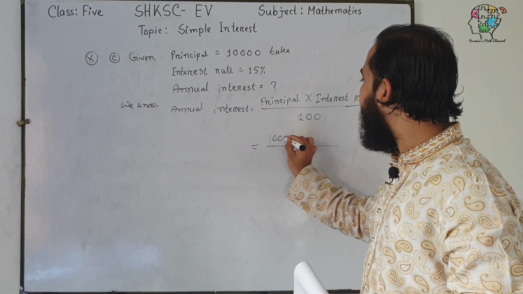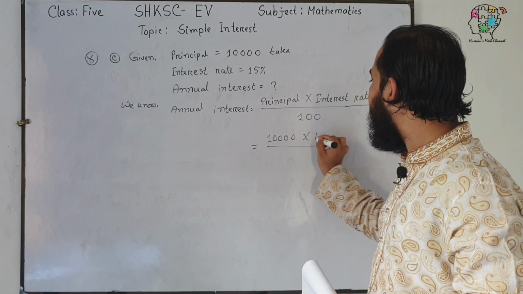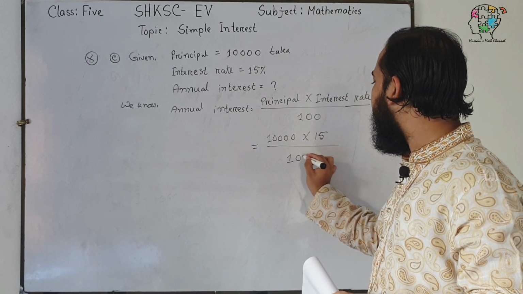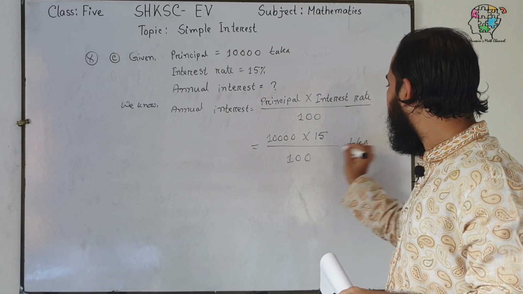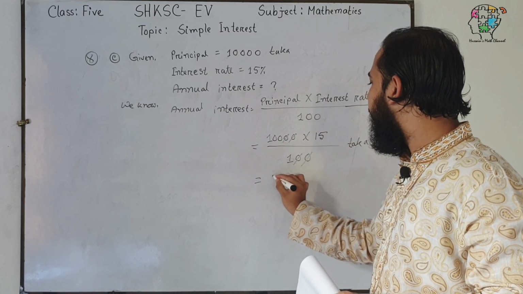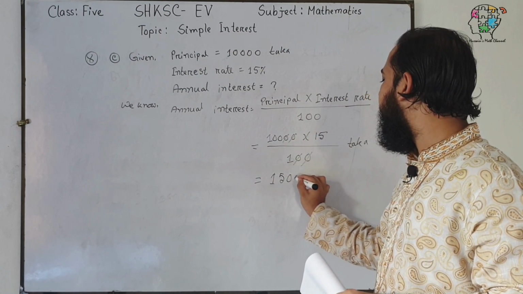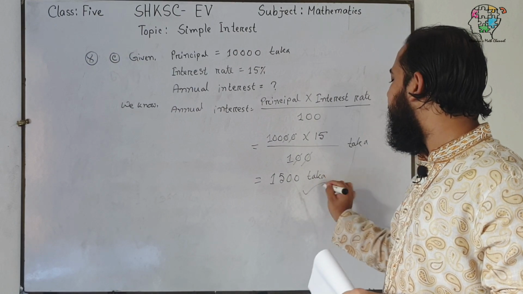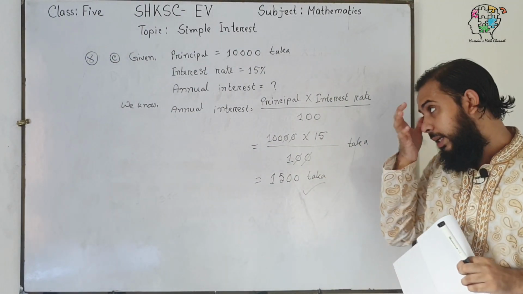So principal is the 10,000, interest rate is 15 divided by 100 taka. So if we cancel, we will get 1500 taka is the interest amount, which completes question number C.